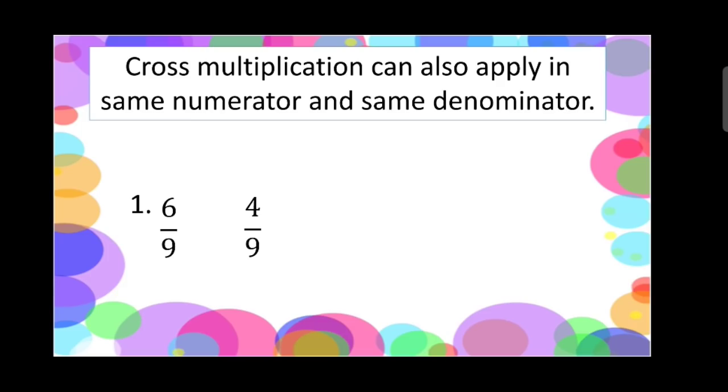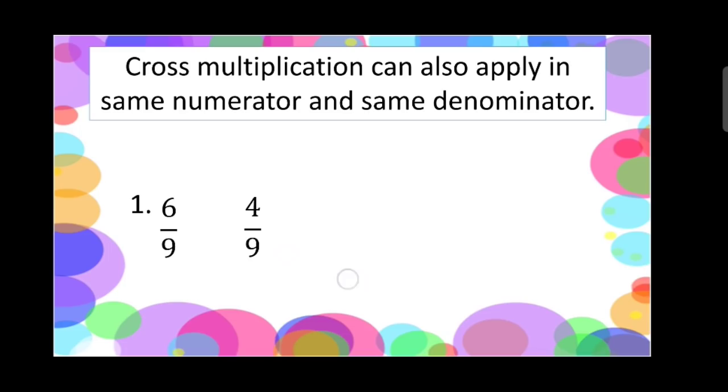Di ba nakita nyo, pareha sila ng denominator. So, ang gagawin natin dyan, ayan, cross multiplication, pwede natin i-apply. Pero alam natin na mas mataas si 6 over 9 kaysa kay 4 over 9 by applying same numerator kanina. So, dito, papakita natin kung tama through cross multiplication.